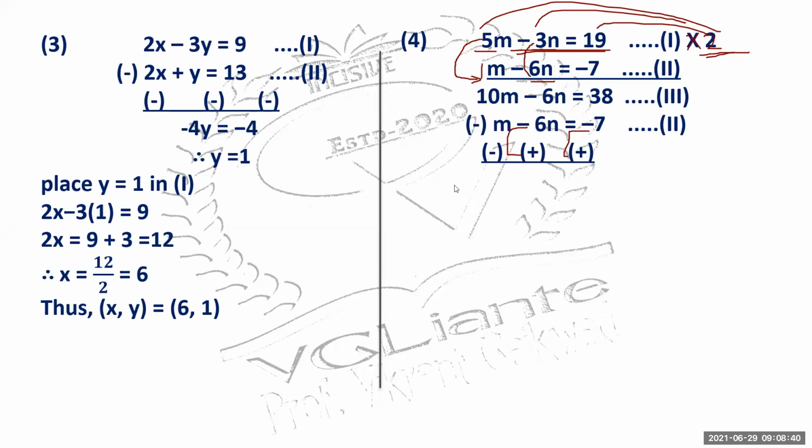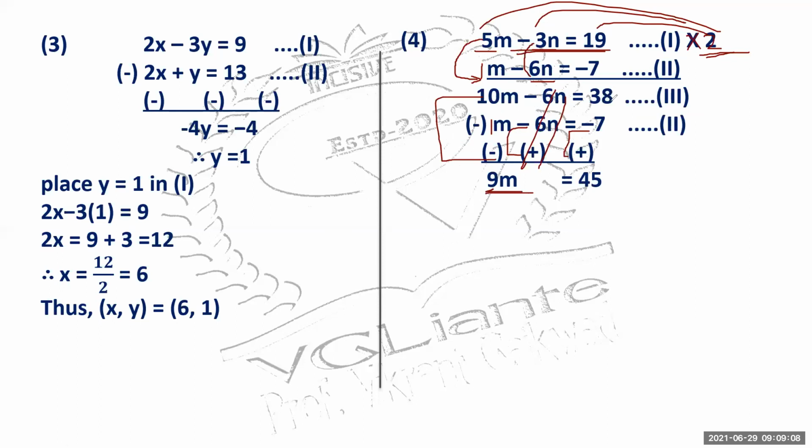Now 6 and 6 will get eliminated. That is, minus 6n and plus 6n will get eliminated. 10 minus 1m, that is 9m.